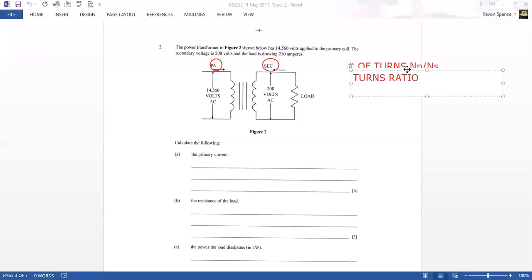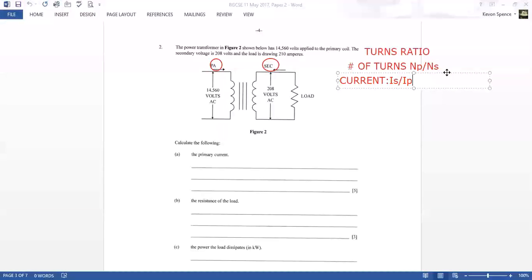What else do we remember about this transformer? We have the turns ratio, the number of turns, and the current, which is given as I. It is IS over IP, current secondary over current primary.